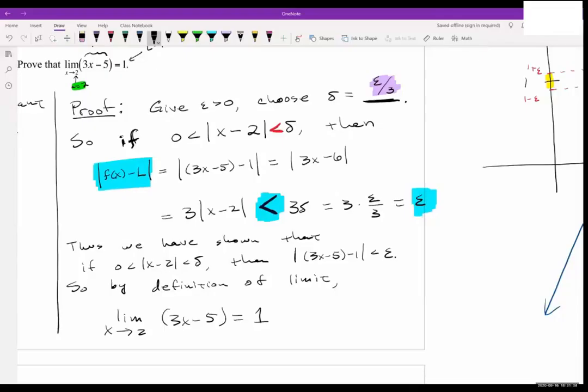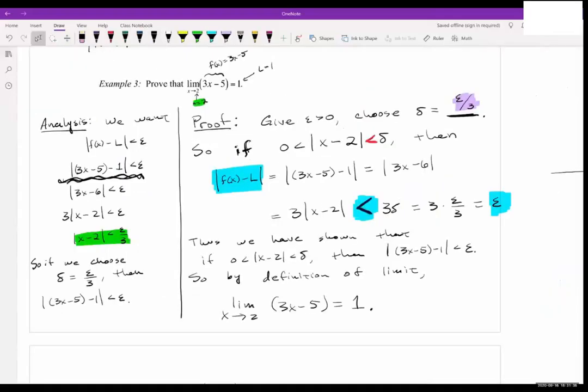Professor? Yes. So for the part that we multiplied, after we factored 3x minus 6, the reason why we put the 3 delta is because we need it to match the top where it says x minus 2. And so because we have a 3 times x minus 2, we need to put a 3 in front so it matches the statement. Right.